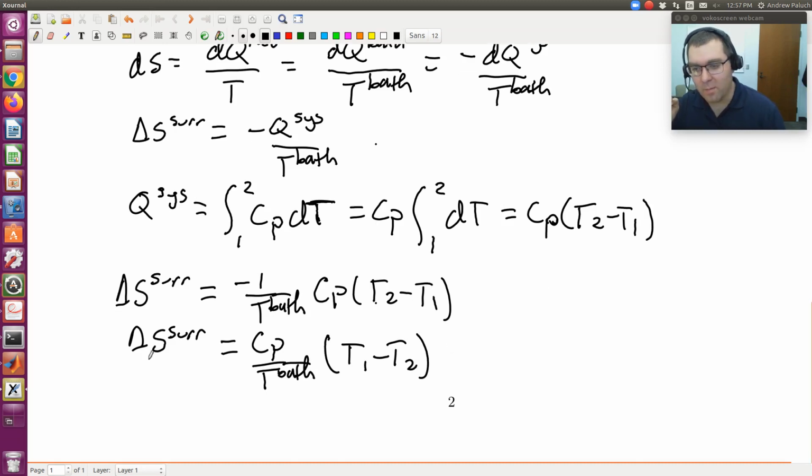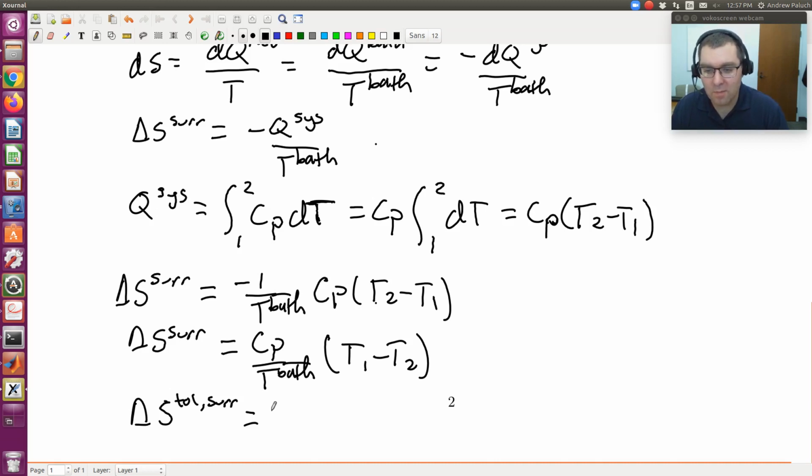And if I want my extensive value, I would just use my extensive Q. So delta S total of my surroundings. What would differ is that Q of my system here is my specific value, per kilogram. So I would just want the extensive Q. To get the extensive Q, I would take Q system and multiply by the mass of my block.